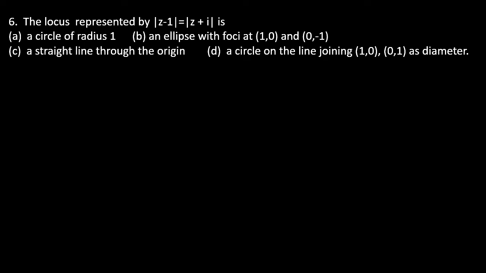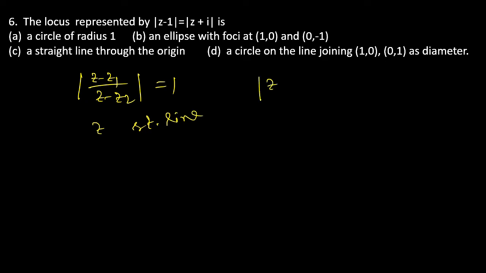Now there is a formula. If mod of z minus z1 by z minus z2 is 1, then z must represent a straight line. Okay, so here mod of z minus 1 by z plus i equal to 1, so z must lie on a straight line, so the only option with a straight line is C, and z must pass through the origin, since it satisfies.